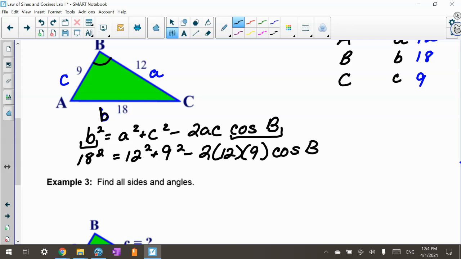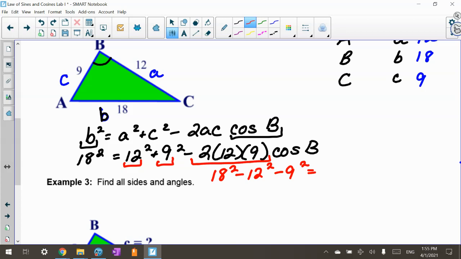So what you need to do first, and this is so important, is that you take this and you subtract them right away. Get them over on the other side. You cannot just combine these all because you have three terms. So you do 18 squared minus 12 squared minus 9 squared equals, and then you're going to put all this part in your calculator.